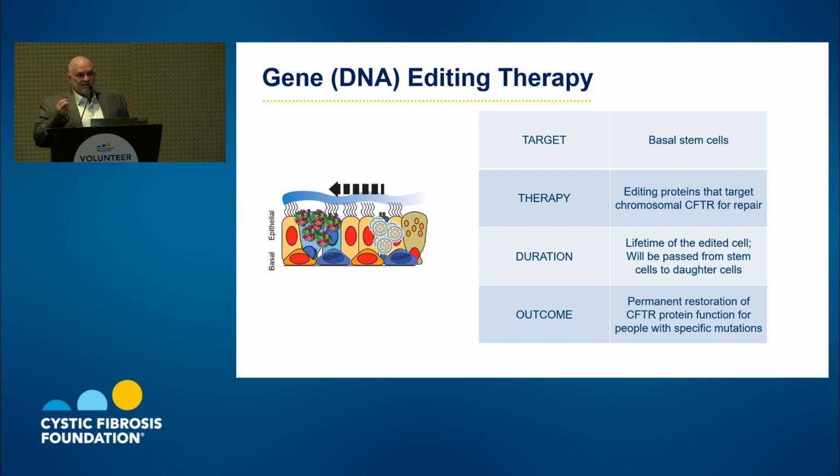And so this is the idea of the one-time cure, that we would go in, fix the problem in the gene, and then allow that to basically continue through their life. Their cells would become normal, if we can efficiently revert the mutations in the chromosomal copy of CFTR.